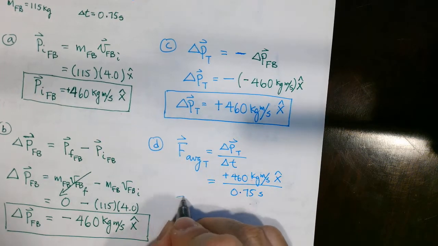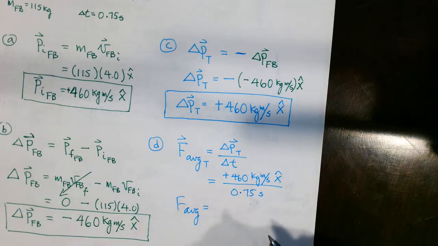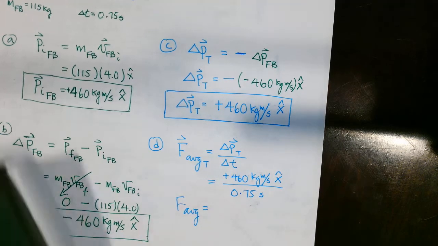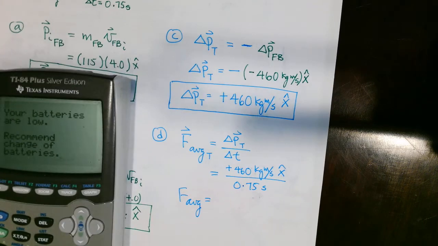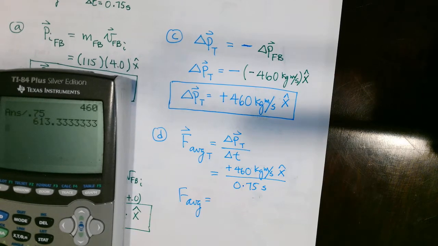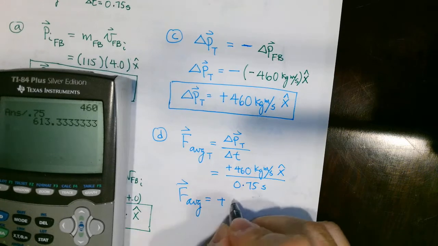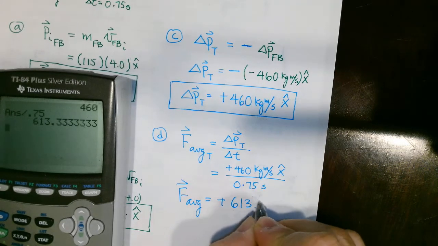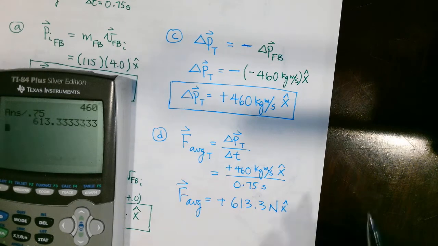So the average force is equal to, if we divide 460 by 0.75, I get positive 613.3 newtons x hat.